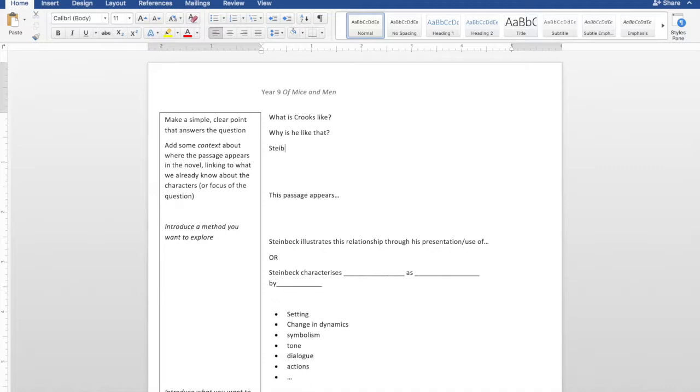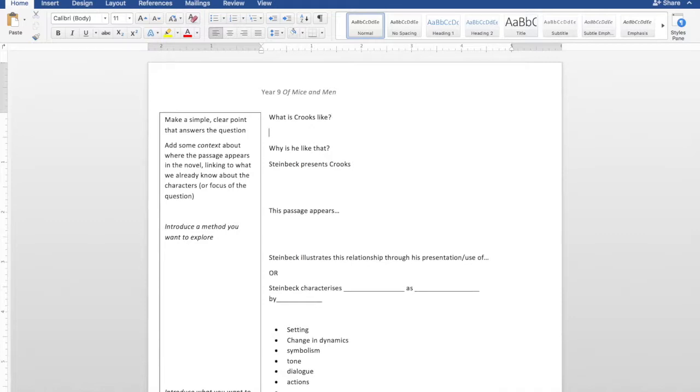Steinbeck presents Crooks to be separate from the other characters, to be isolated from the other characters. So we can write some dot points here. He's separate both physically and psychologically.